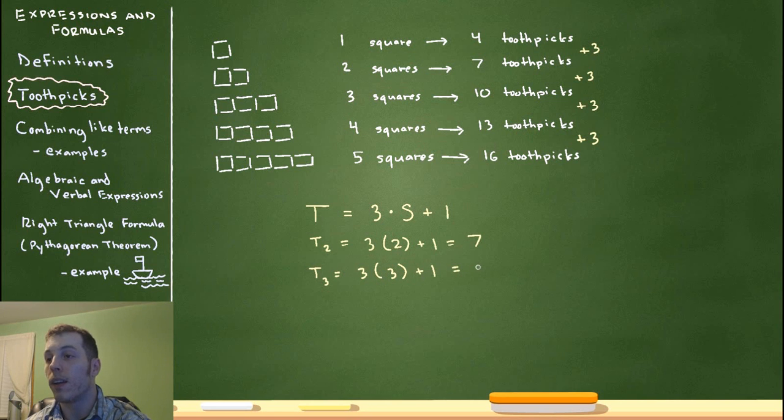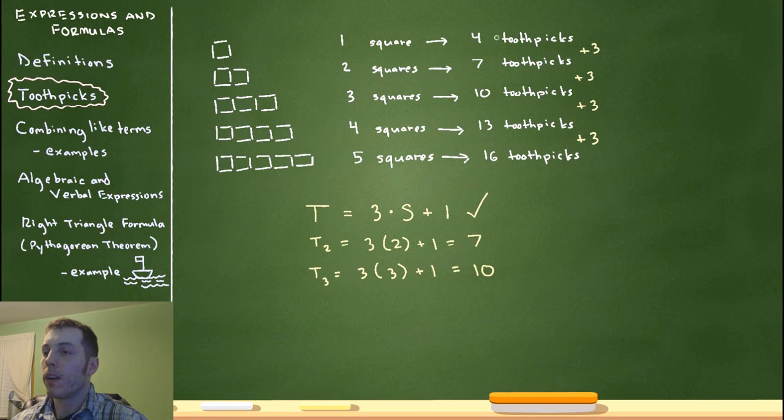That's 9 plus 1, that's 10. Okay, so this says if we have 3 squares, we would need 10 toothpicks. So this formula works out just fine. The total number of toothpicks needed is dependent upon the number of squares that we have. That's one example of a formula, and this is one way to represent that formula. There's going to be other ways to represent this formula as well.